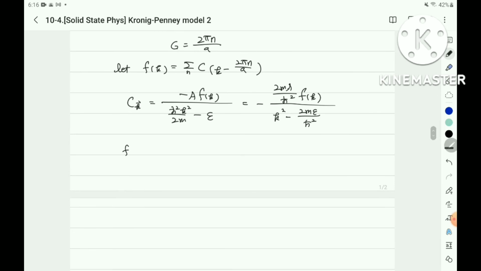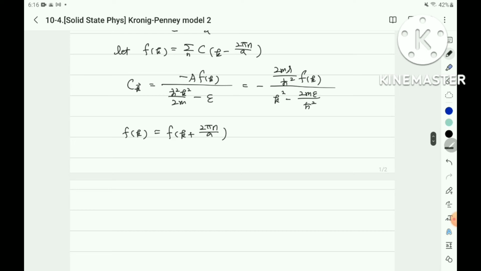Because of the periodic boundary condition, f_k equals f_{k+2πn/a}. Therefore, let's denote c_{k+2πn/a}. Then it is minus, with k replaced by k + 2πn/a, (k+2πn/a)² − 2mε/ħ², and 2mA/ħ² f_k.